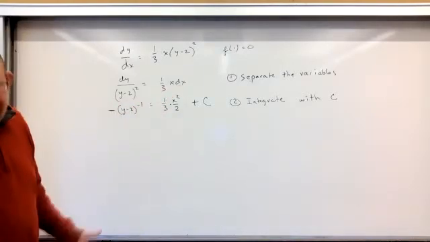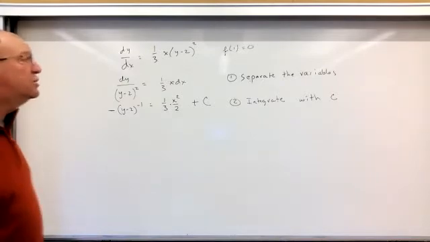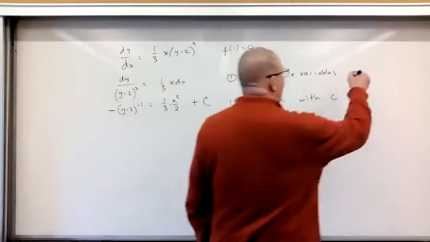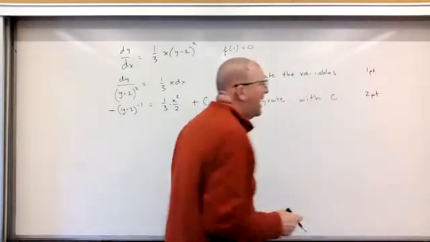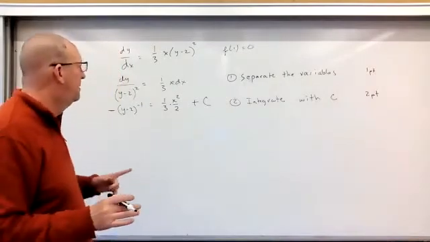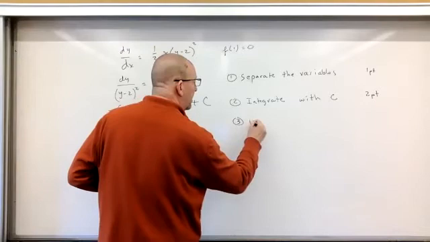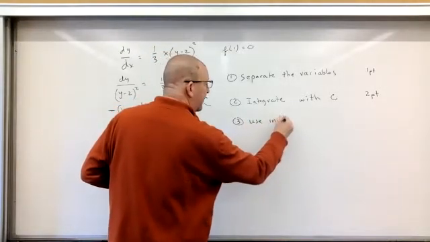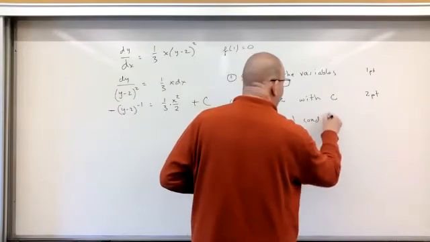Now, next point. And this is usually a 2 point step. So on the AP exam, this is like a 1 point, that's usually 2 points. Now, watch this. Plug in the initial condition. This is a whole point, and you don't even have to solve for anything.